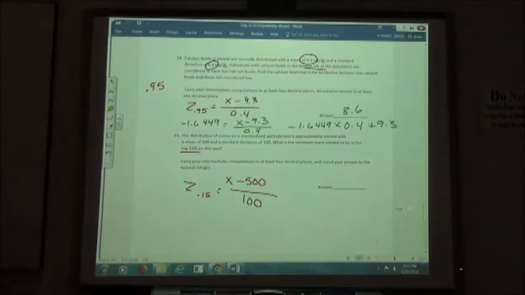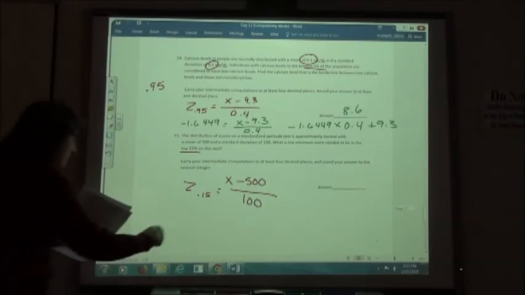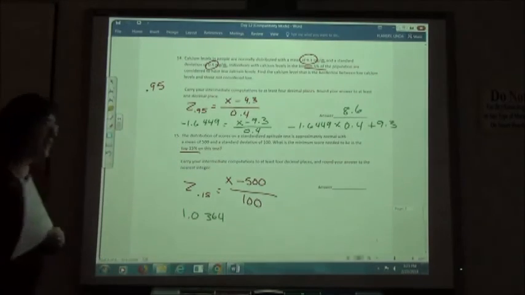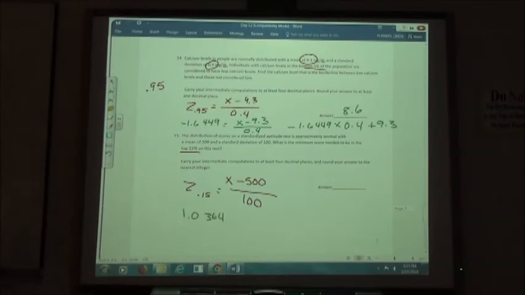So if you first of all find the Z sub 0.15, you get 1.0364, something like that.